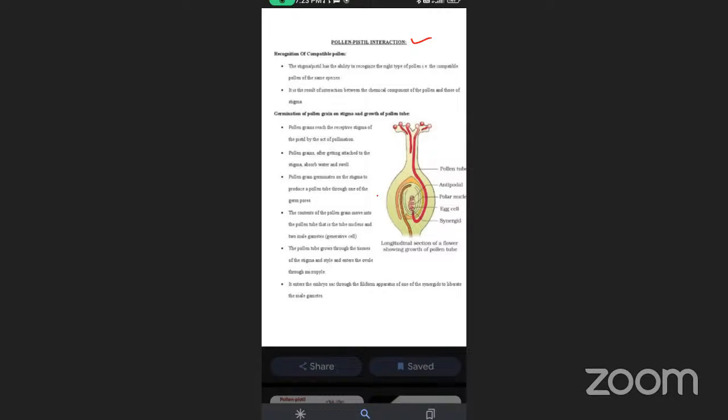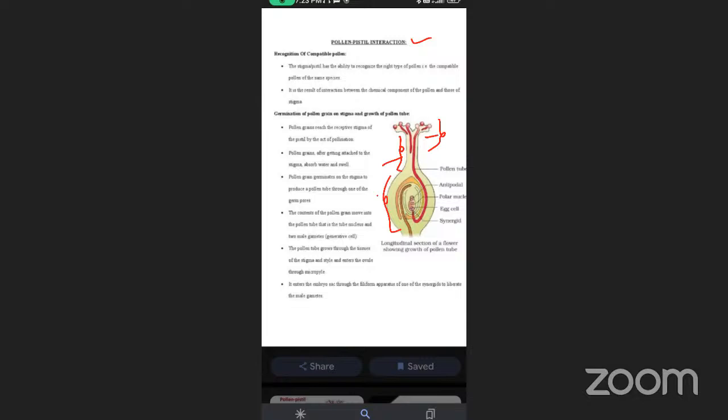We can observe it in this diagram. This is the stigma. This elongated part is called the style, and this large, part-like structure is called the ovary.